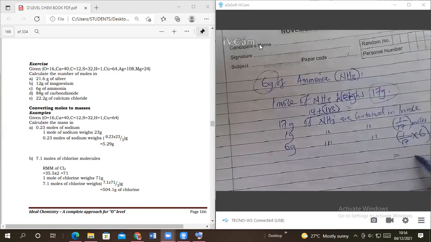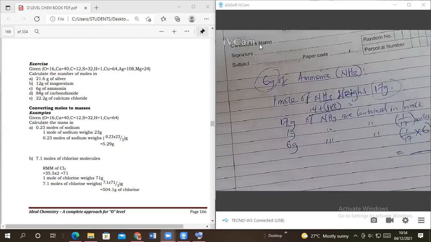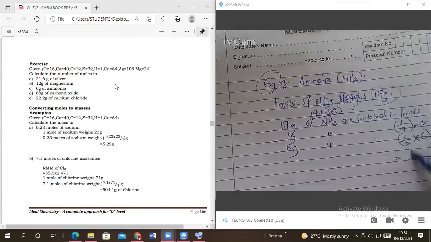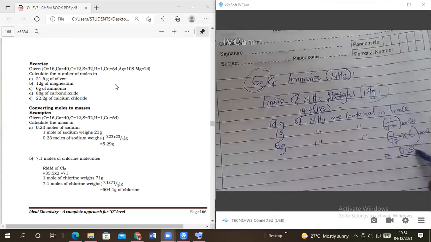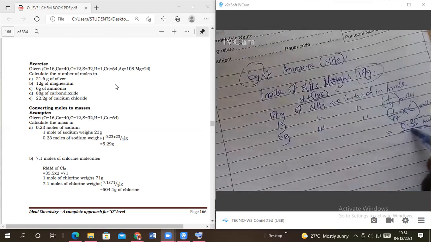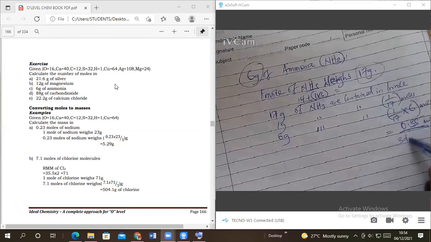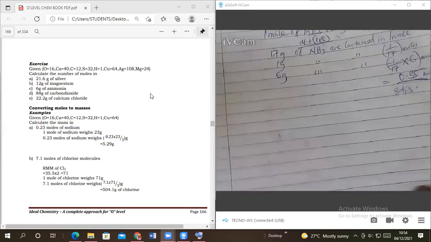So what is the answer there? 0.353 moles. You always make sure that your answer is to 3 decimal places. 3 decimal places, okay? Yes, teacher.